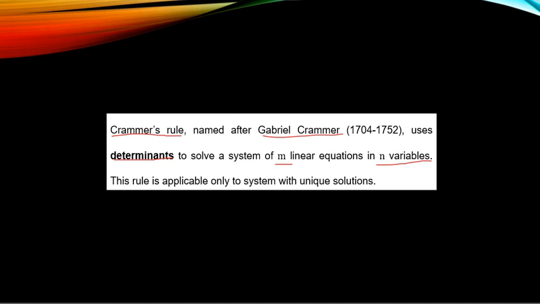This rule is applicable only to systems with unique solutions. Not all systems of linear equations have a unique solution. So the message to grab here is that Cramer's rule uses determinants to solve a system of linear equations.